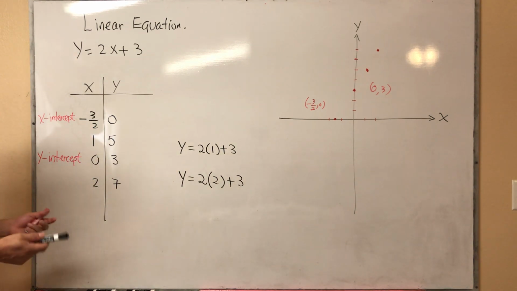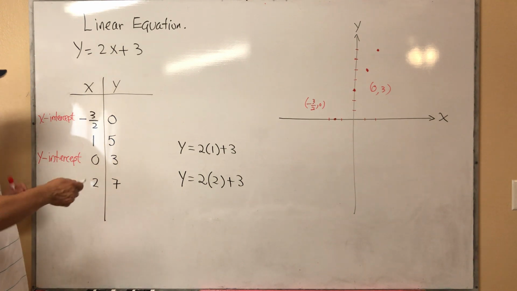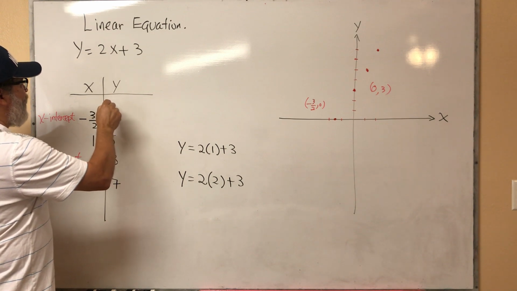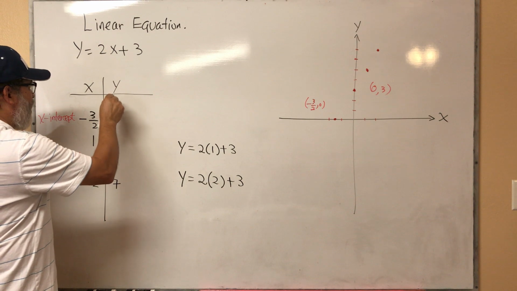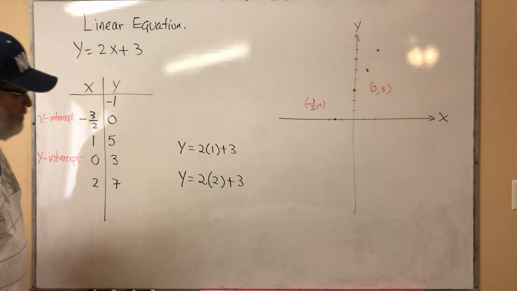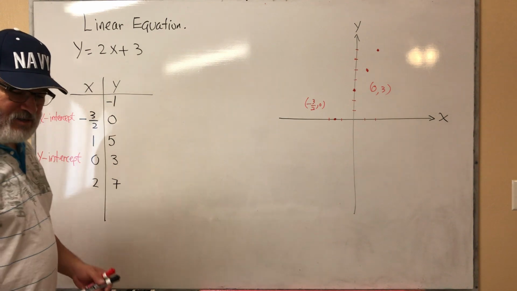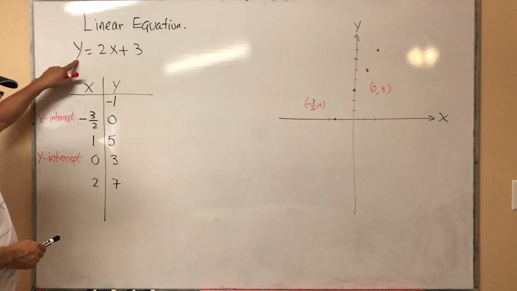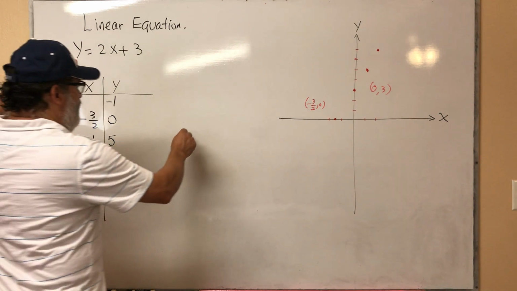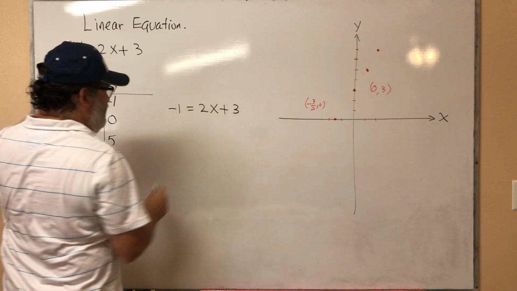Let's find more. Why don't we let y be a number? Let's say y is -1. Okay, plug it in. Let's find x when y is -1. You see this here? That's -1. So -1 equals 2x plus 3.